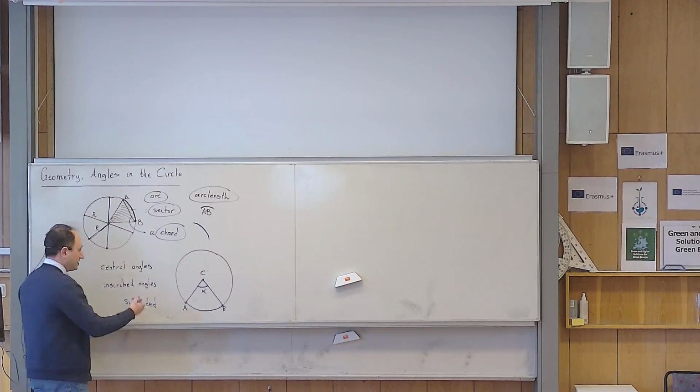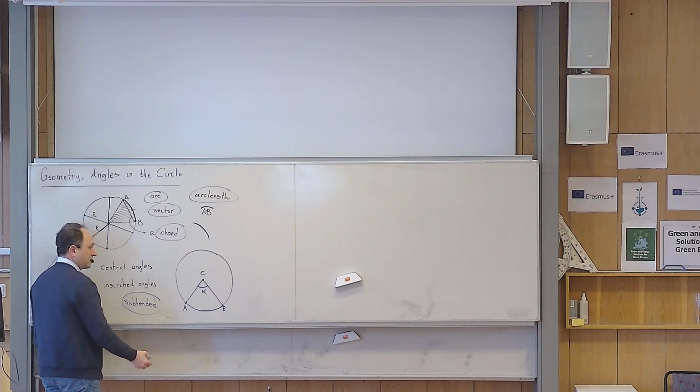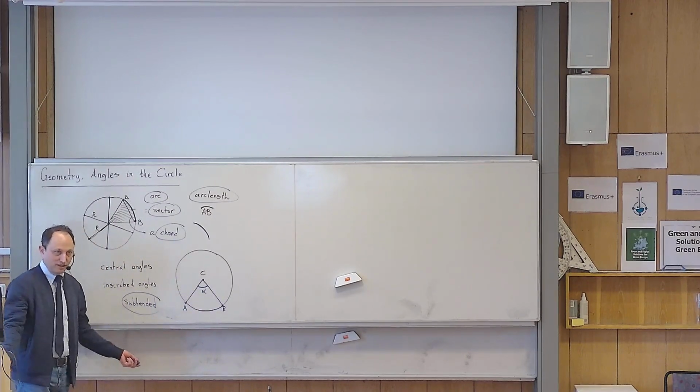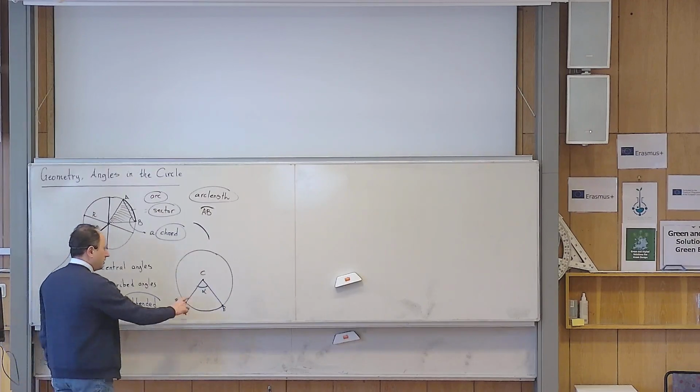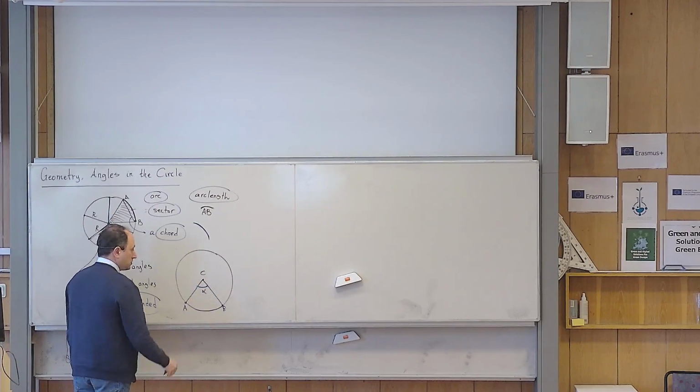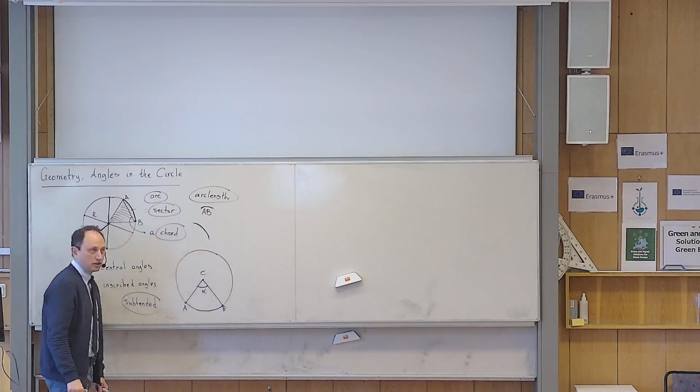You can say an arc opposite to alpha. If you don't like this word, it has exactly the same meaning. So a central angle is an angle whose vertex is the center, and the arms of the angle are the radii of that circle. In that regard, alpha is a central angle.